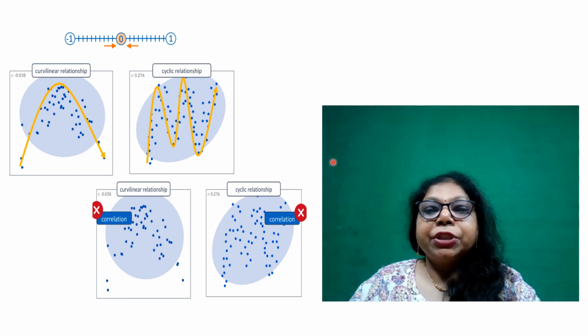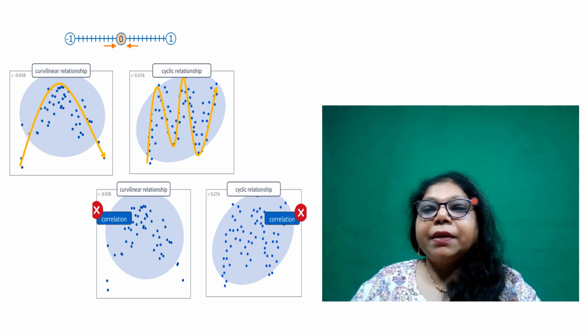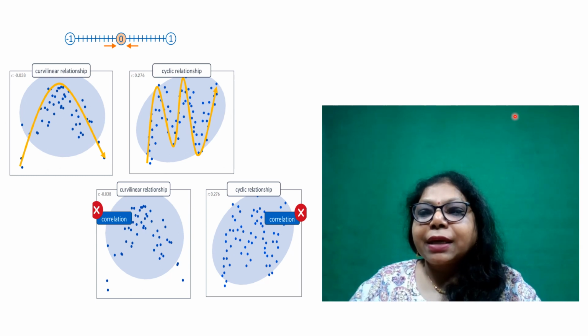It's so difficult to draw any diagram. So a curvilinear relationship is not there, but still we can draw something like this. Similarly here we can see it is giving us something like cyclic.